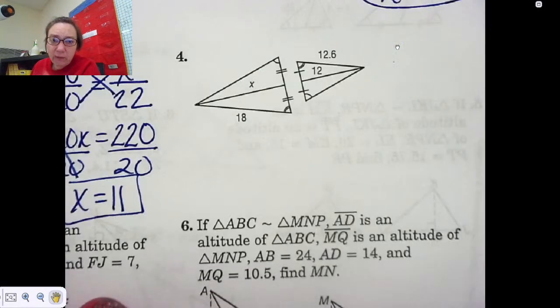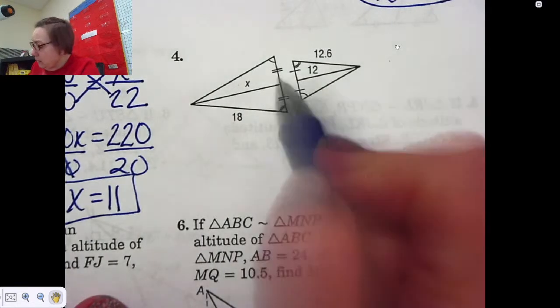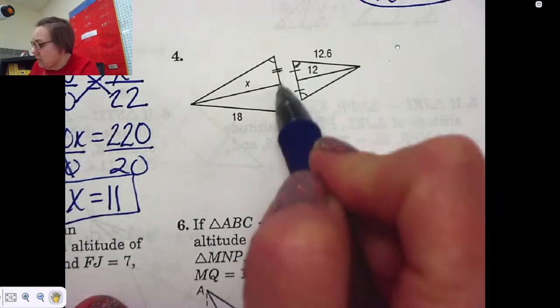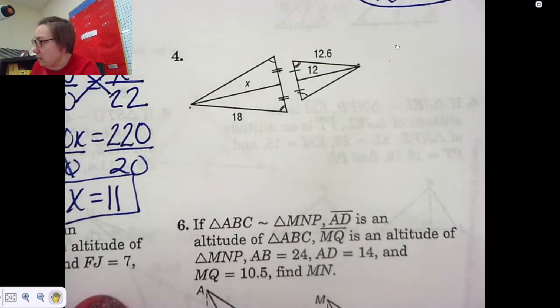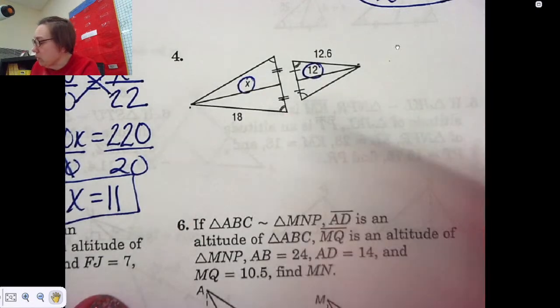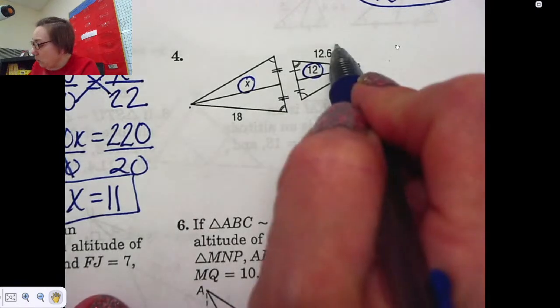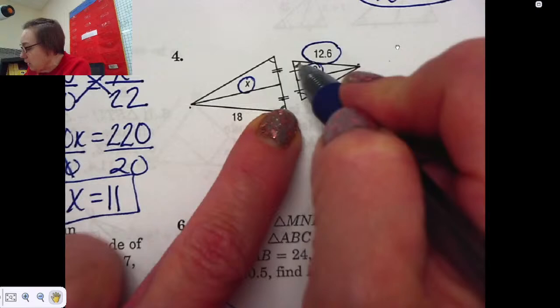All right, let's look at 4. So this is congruent to this, so that tells us that's a median. This is congruent to this, so that tells us that's a median, right? So since they're both medians, we know they're going to be proportional. And then we have these sides. Notice how this angle has, I'm going to zoom way in.